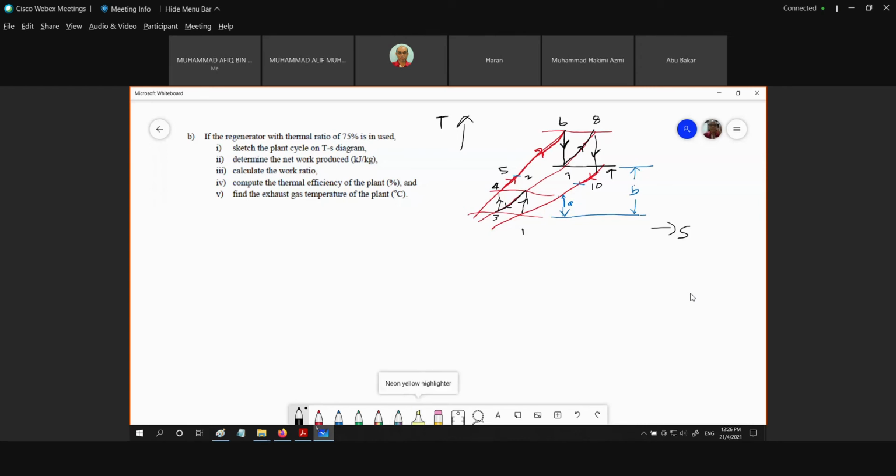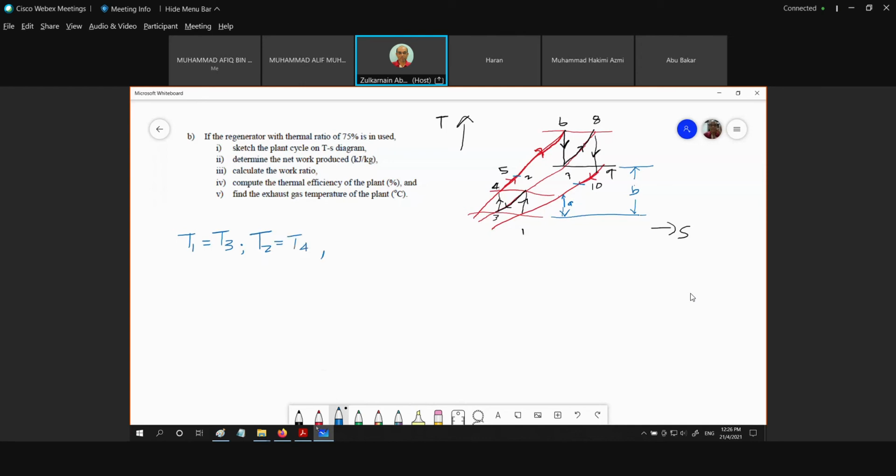As far as the temperature is concerned, we have solved the T1, which is equal to the T3, from part A. And then we have the T2, which is equal to the T4.